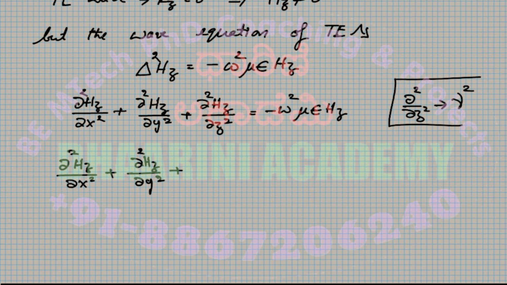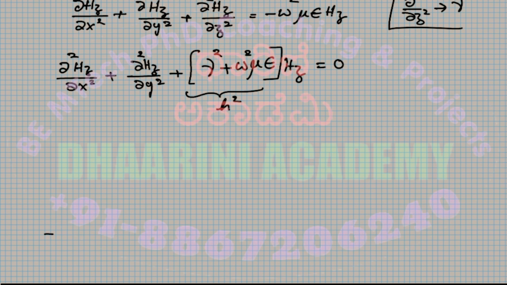So what do you have? You have gamma square coming from the first term, and the minus omega square becomes plus omega square mu epsilon, this into Hz. Right hand side becomes equal to 0. I simply saved one step, but I also know that this term is nothing but h square. Correct?